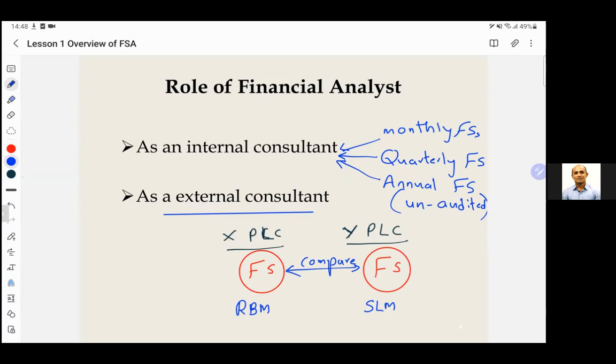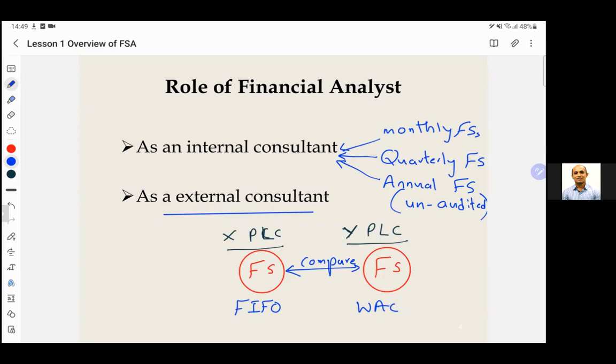Another example, let's say XPLC calculates cost of inventory on FIFO basis. YPLC calculates cost of inventory on weighted average cost basis. Now you see the inventory cost measurement policy is different.